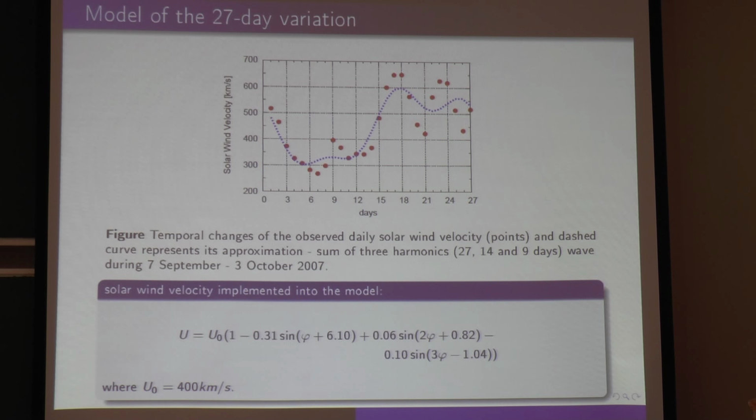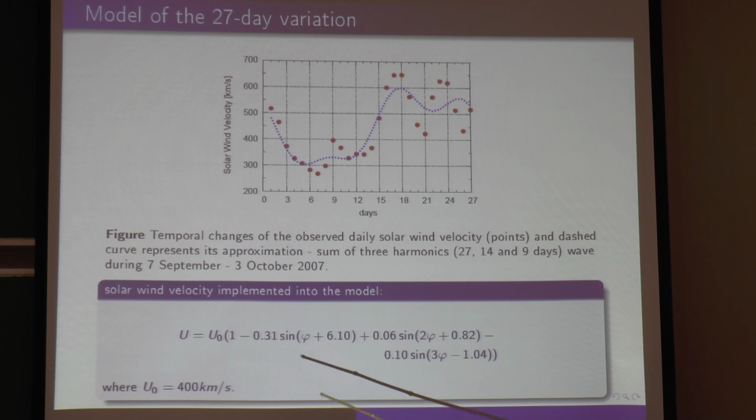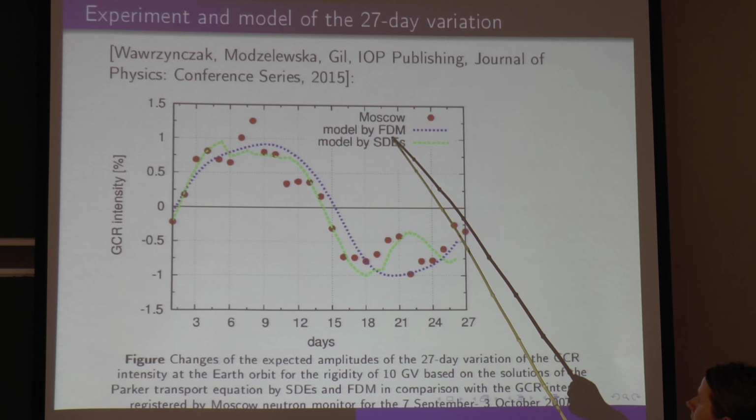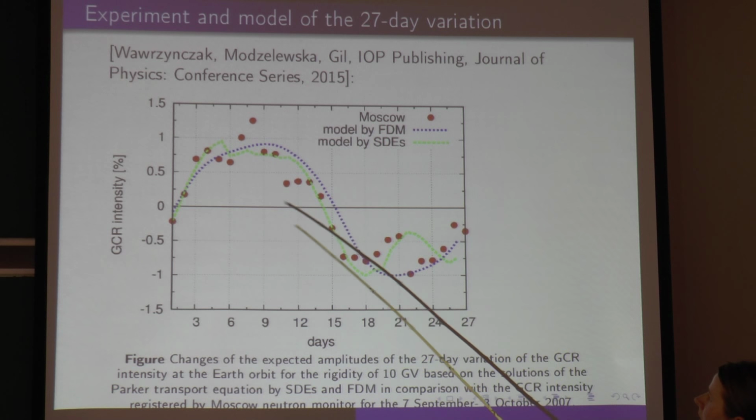We think that the main driver of the cosmic ray intensity 27-day variation is connected with solar wind velocity, and we apply this formula of solar wind velocity into our equation, and we obtain some results. This is expected cosmic ray intensity modeled by finite difference method and by stochastic differential equations. And points are measurements of cosmic rays by neutron monitors.